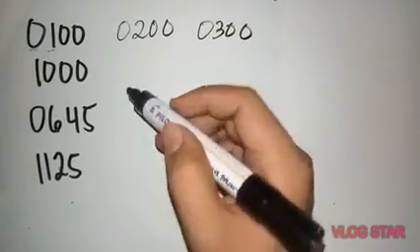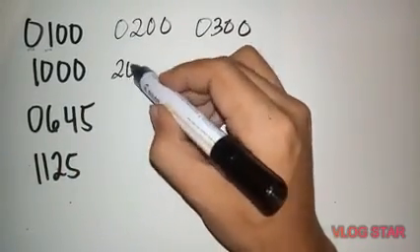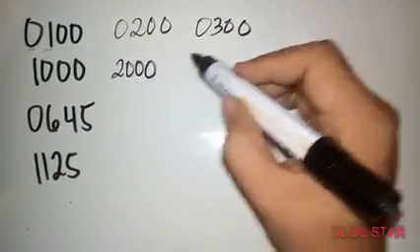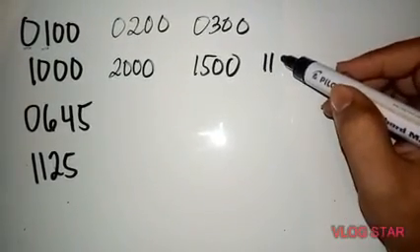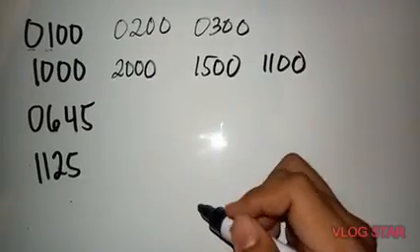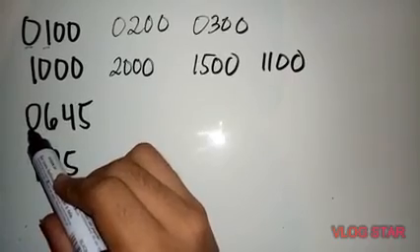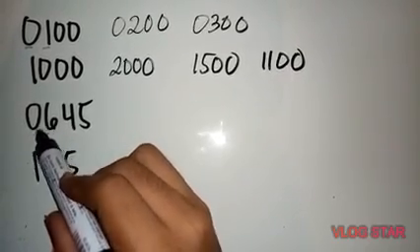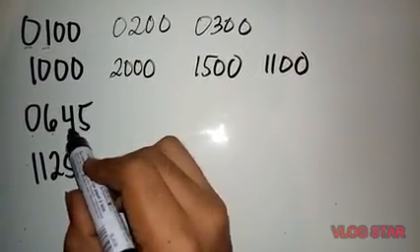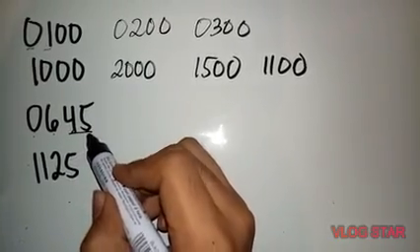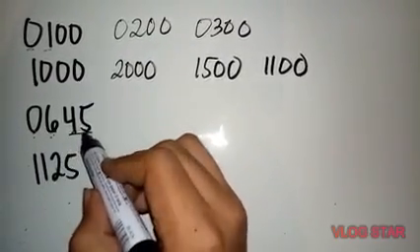If we have 10, we can read this as 10 hundred, 20 hundred, 15 hundred, 11 hundred. But if we have like this, how do we read this one? 0645. If we have 2 digits on the minute part, then we read it as 0, 6, 45.